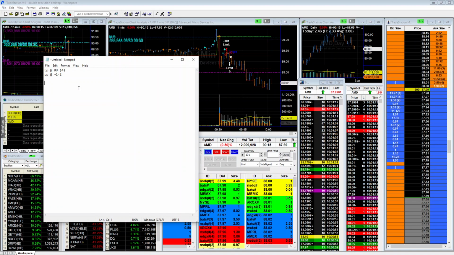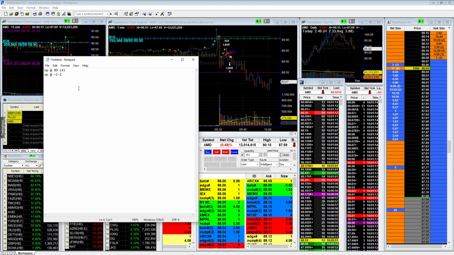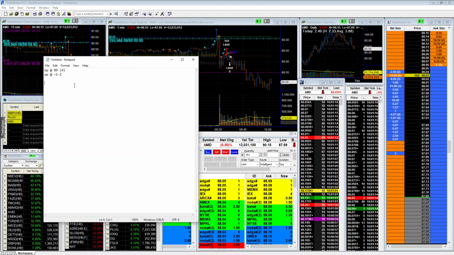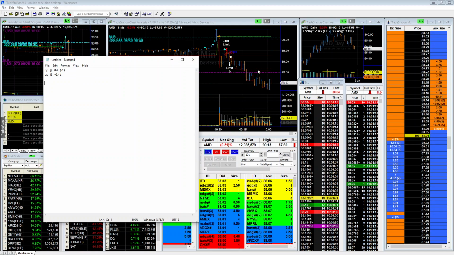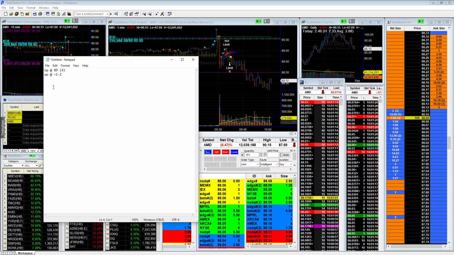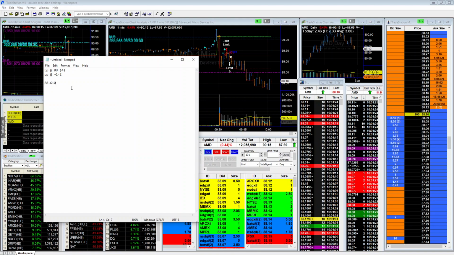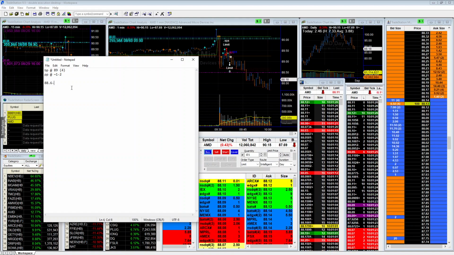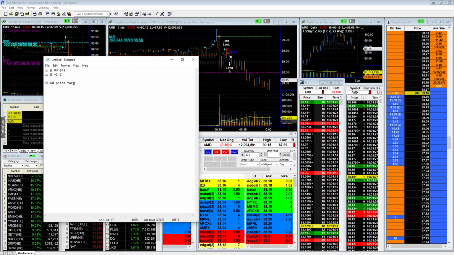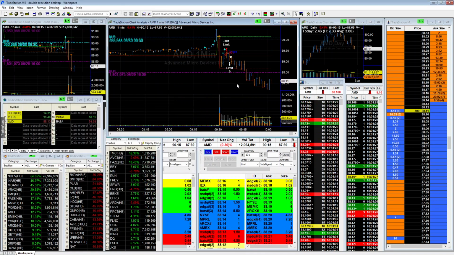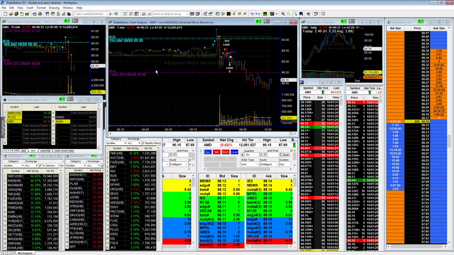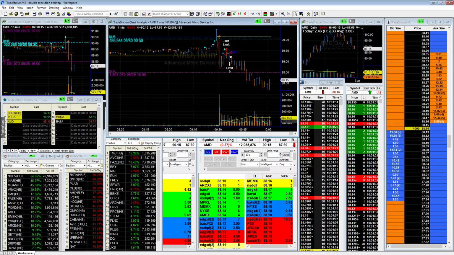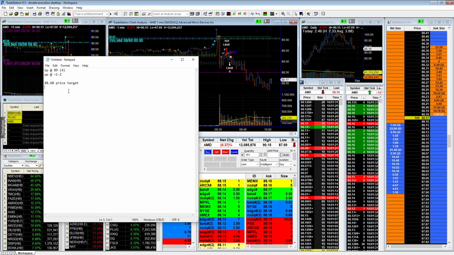So I had my price target as being two increments away, so that would have given me 88.60 as my price target. But as you can see, we have this print line right over here. So obviously, what am I going to use as my price target?